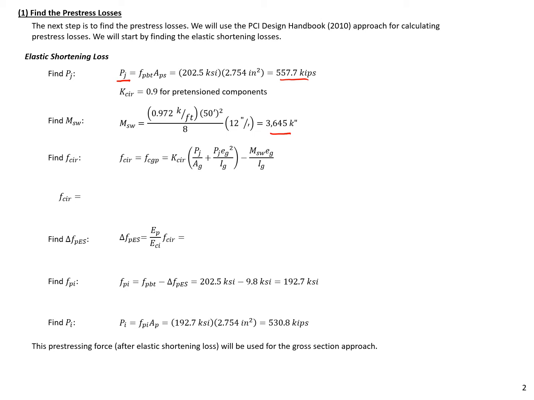So we'll have 0.9 times 557.7 kips divided by our gross area, 928 inches squared, plus 557.7 times our eccentricity squared, 12.94 inches squared, divided by our gross moment of inertia, 59,997 inches to the fourth.